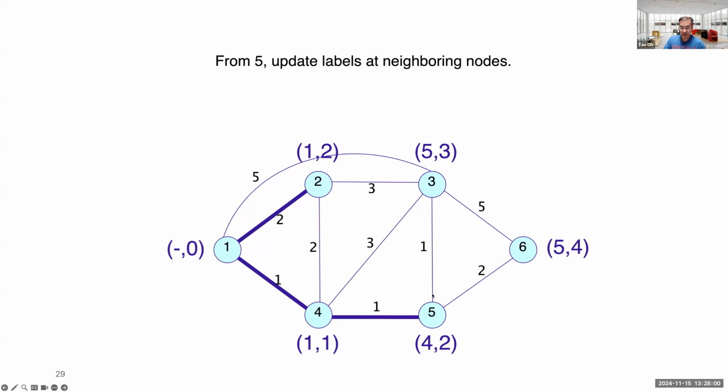From this one, it updates here. The previous node from 4 is 5, and the cost is 3: 1, 2, 3. Why is this not 1 comma 5?